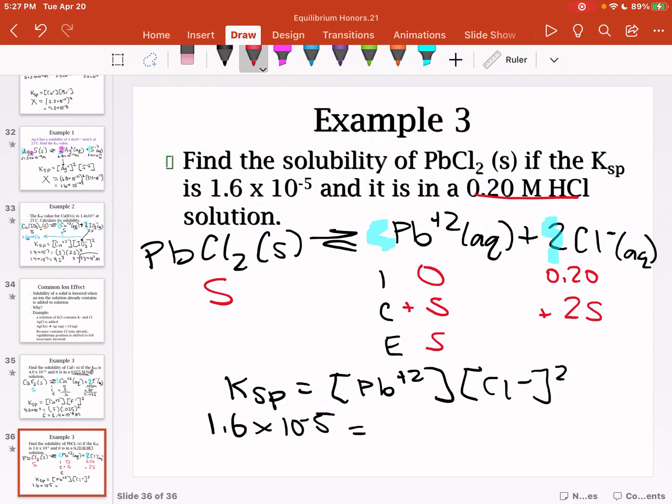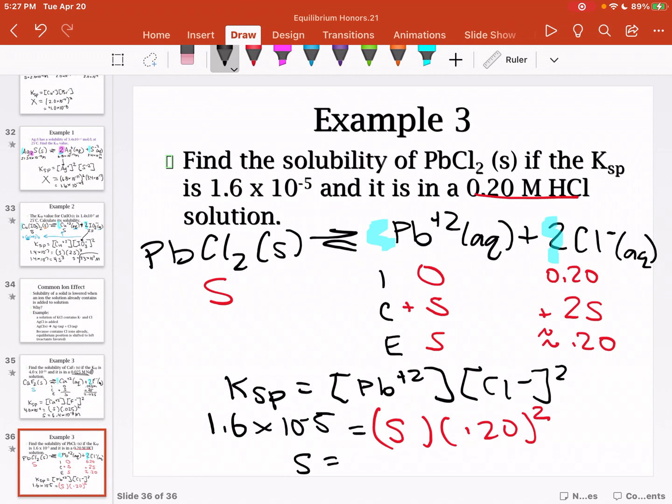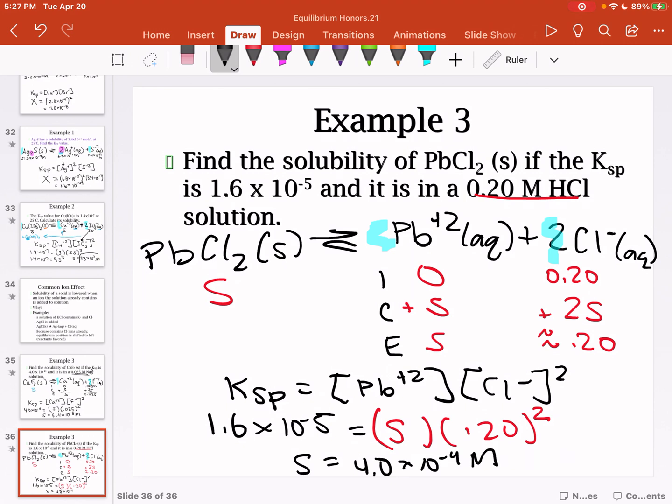Carrying this down, my lead ion concentration will be that S, and here we're going to do that approximation rule and call that close enough to 0.20. But I have to carry down my squared. So when I go ahead and push my buttons there for S, I will get the solubility of my lead 2 chloride at 4.0 times 10 to the negative 4th molar.